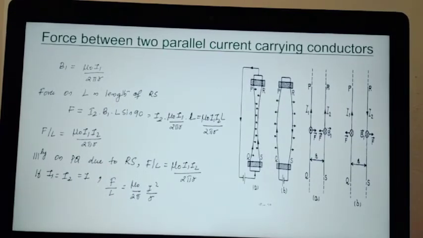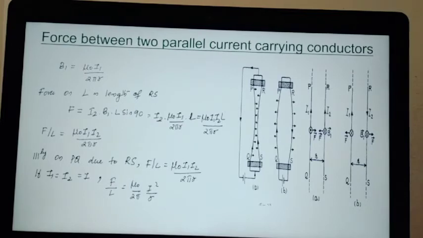A length L of RS will experience a force since it is placed in the magnetic field B1 and carries a current I2. So the force acting on L meter length of RS is given by F = I2 B1 L sin theta. Theta is 90 degrees there, so F = I2 into mu0 I1 by 2 pi r into L, so F = mu0 by 2 pi times I1 I2 L divided by r.